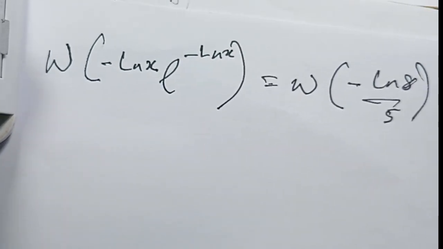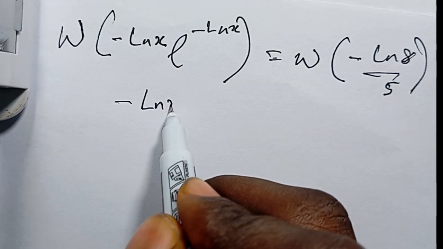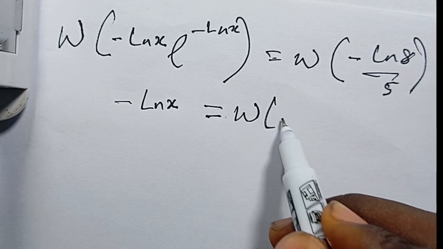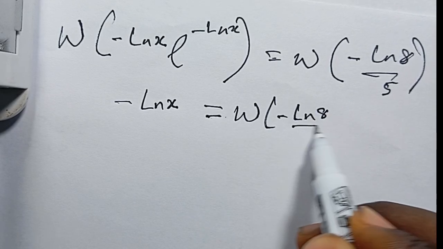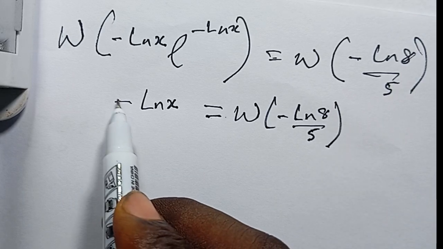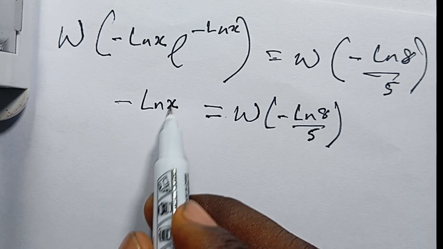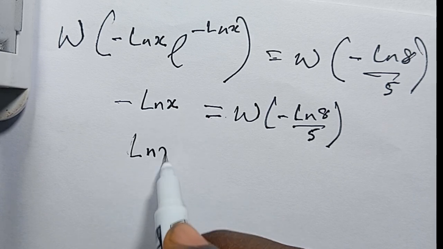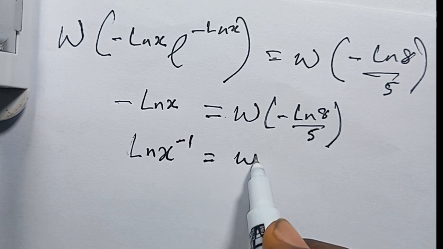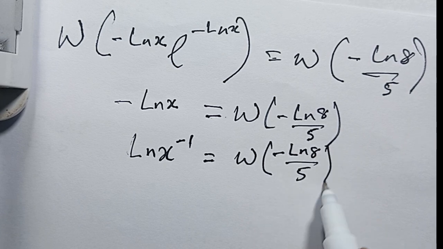Okay, so this is what we have, and of course this left hand side is going to collapse to negative natural log of x, which is equal to the Lambert W function of negative natural log of 8 divided by 5. I can take this negative 1 to the power of x, so I'm going to have the natural log of x to the power negative 1 is equal to the Lambert W function of negative natural log of 8 divided by 5.